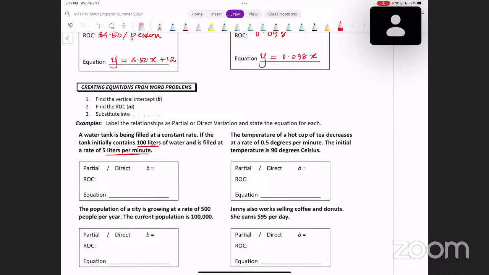Initially means here, initial is when x is 0. When x is 0, it contained 100 liters. So therefore, it's partial. You start with the 100. Rate of change is 5 liters per minute, isn't it? So what is the equation going to look like? Rate of change times x plus the b value. Anyone have any question with that?